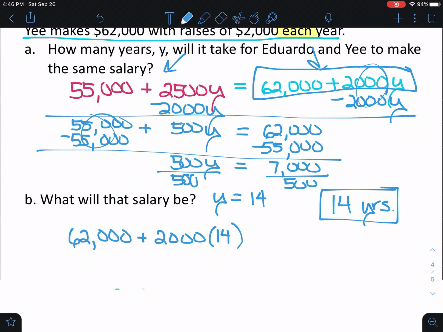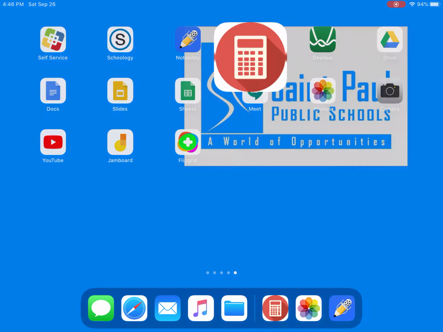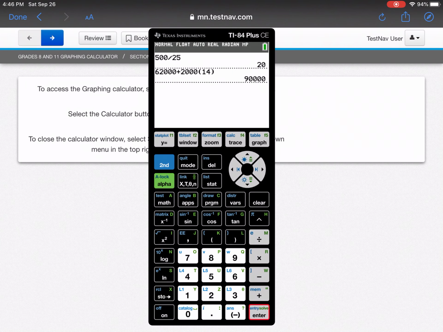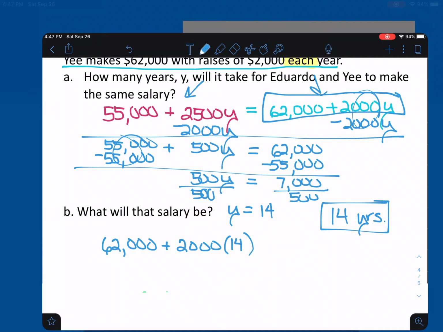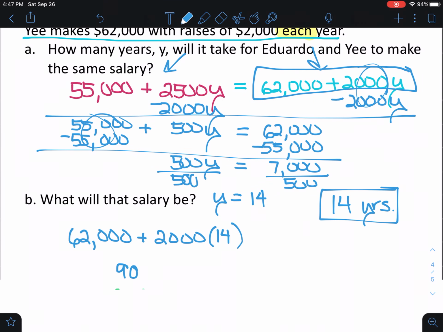All right, so now let's go to our graphing calculator and let's go 62,000 plus 2,000 times 14. We get 90,000. So they will both be making 90,000 and our units would be dollars.